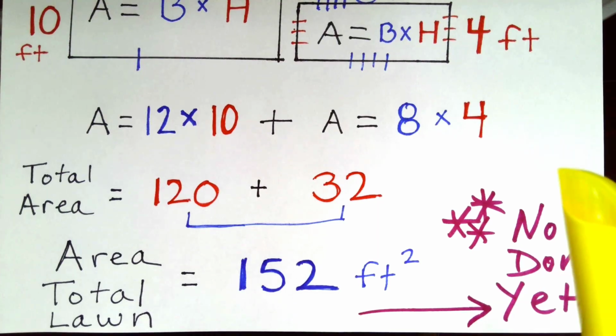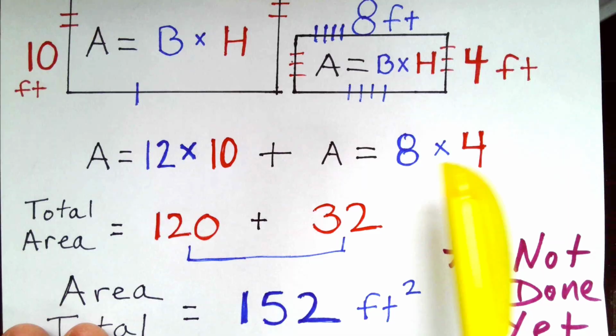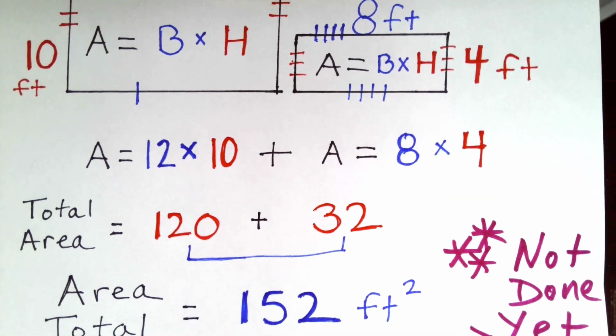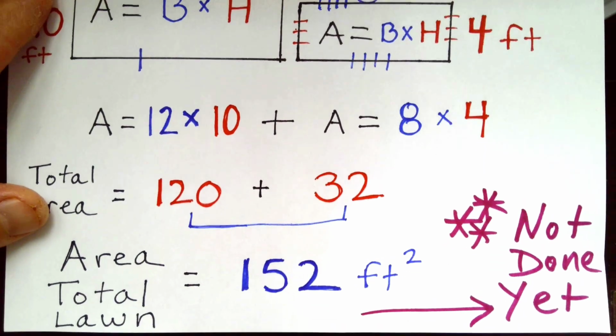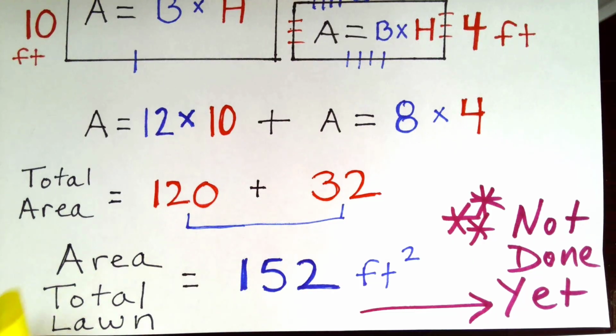We have a base of 8 times 4. 8 times 4 is 32. You add 120 plus 32 together, and you'll get the total area of the lawn. That's the total area of the lawn, 152 feet squared.